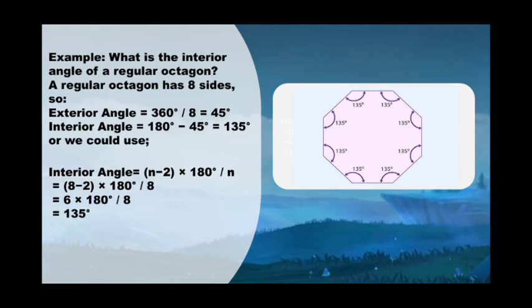So, 8 minus 2, we have 6, multiplied by 180 degrees divided by 8. So, we have here the 135 degrees. So, they have the same answer. So, each interior angle of the regular octagon has 135 degrees.